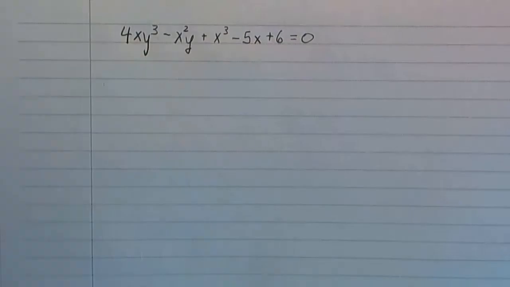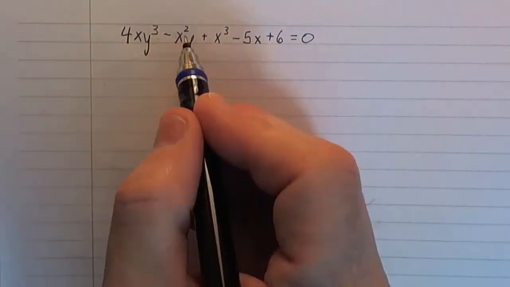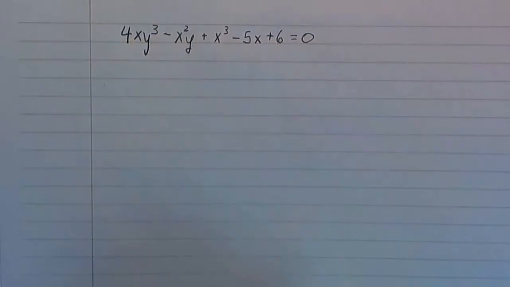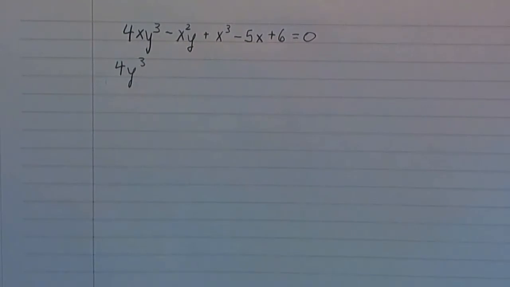Okay, let's try this bad boy. I'm going to go through term by term and differentiate. Now, this first one is a product. So let me start here. Derivative of the first, that's 4 times the second. There's the first. Plus the derivative of the second times the first. So here I go.